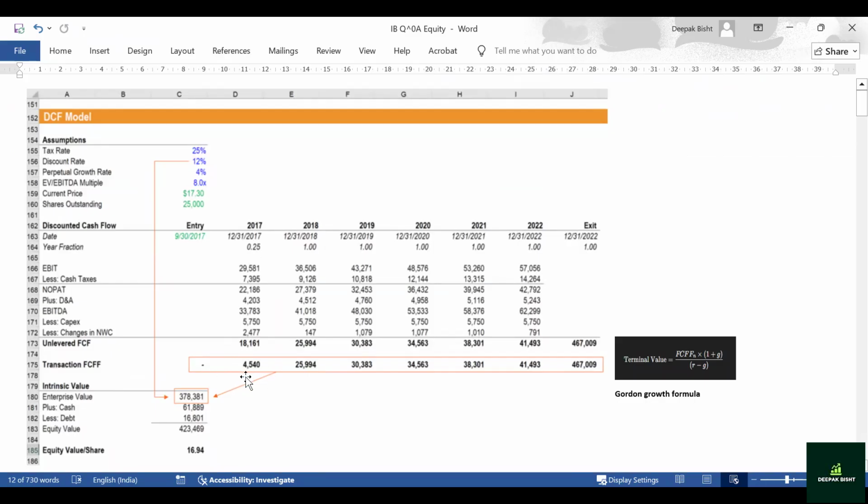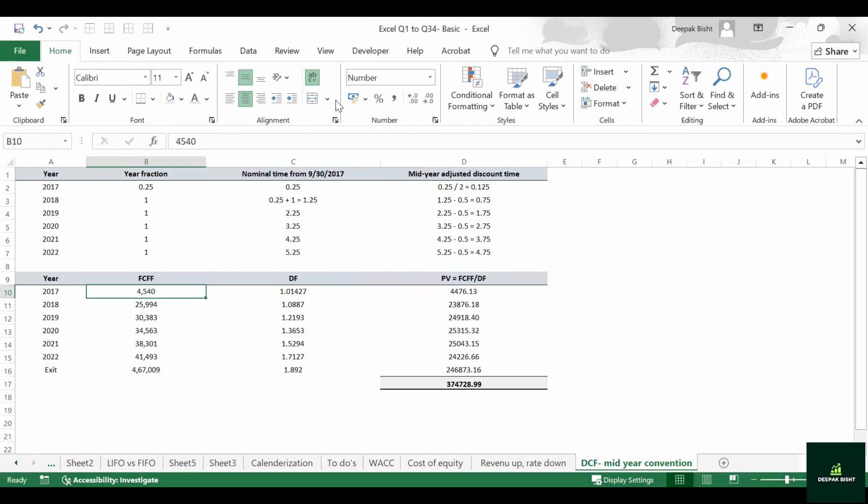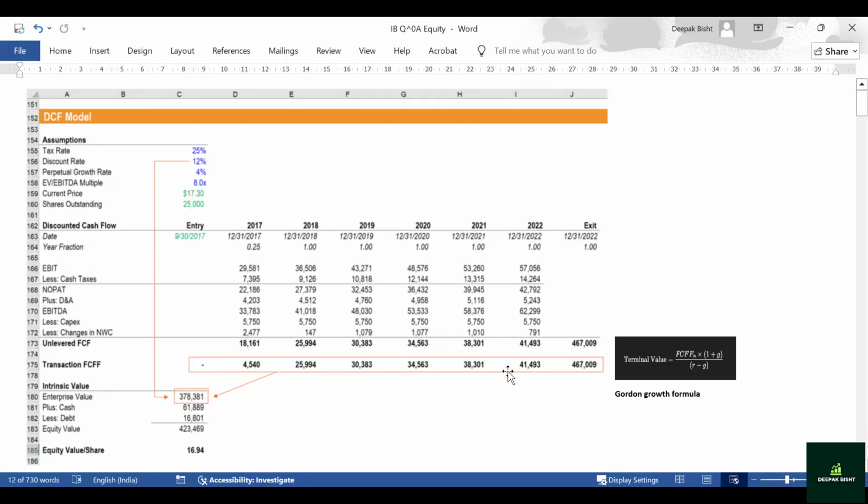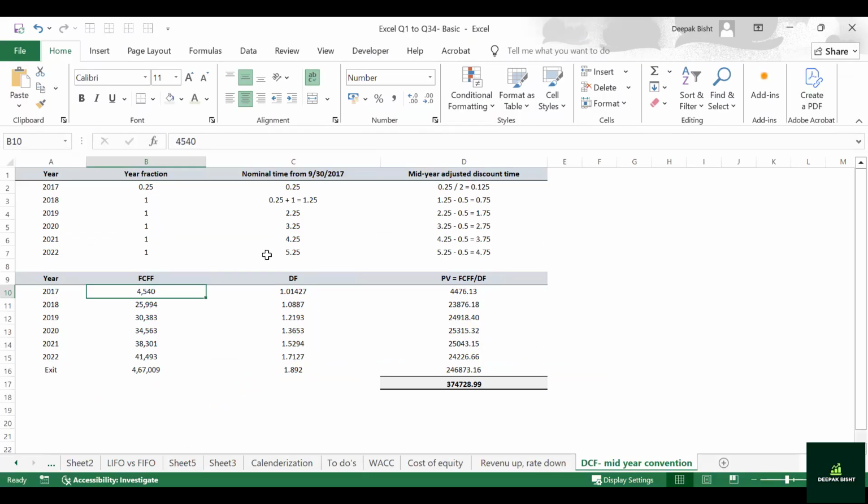Transaction free cash flow: 45, 40, 25, 30, 34, 38, 41, and the terminal value is 467,009. We know that the discount rate was 12%.